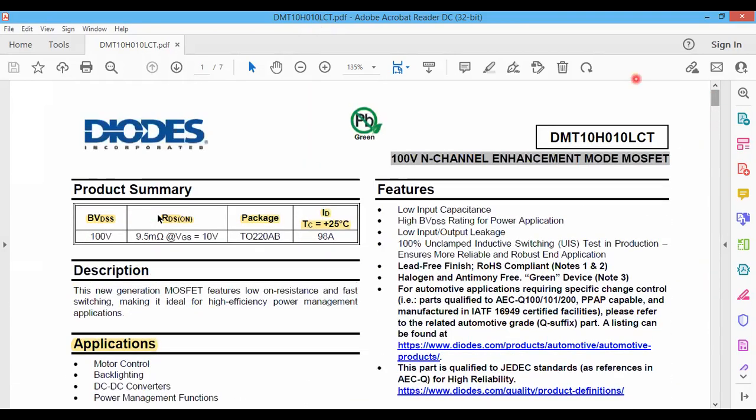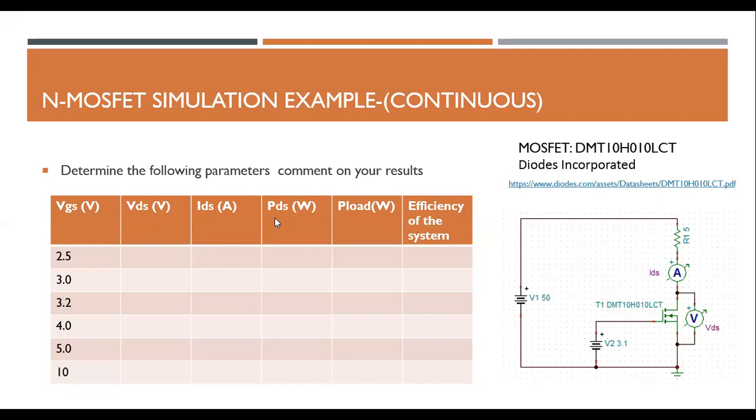Now all you need to do is go to the exercise and move it to here and fill this table by using the simulation model. Can everyone see the screen now? Can you work on this one now? Any questions? Anyone has any clarifications, you can ask now.